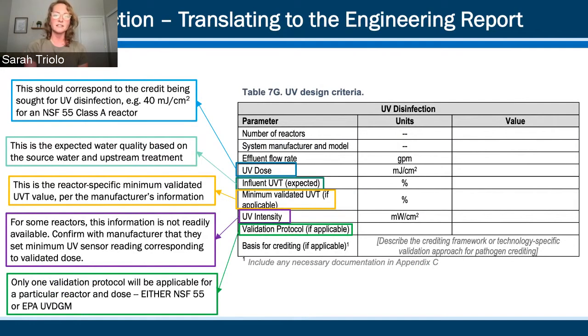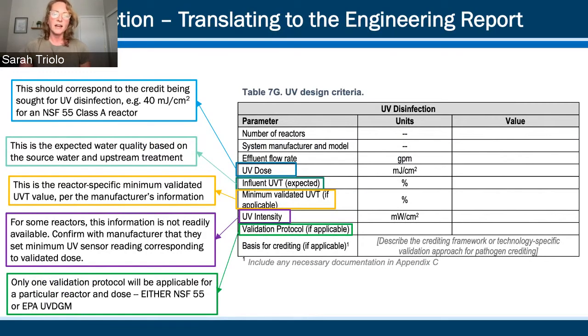So the manufacturer has to set that, and it can't be changeable. The operator can't go in and say, just kidding, I want to change this UV intensity set point, because that set point is what tells you if the reactor is achieving the dose that it says it's achieving.